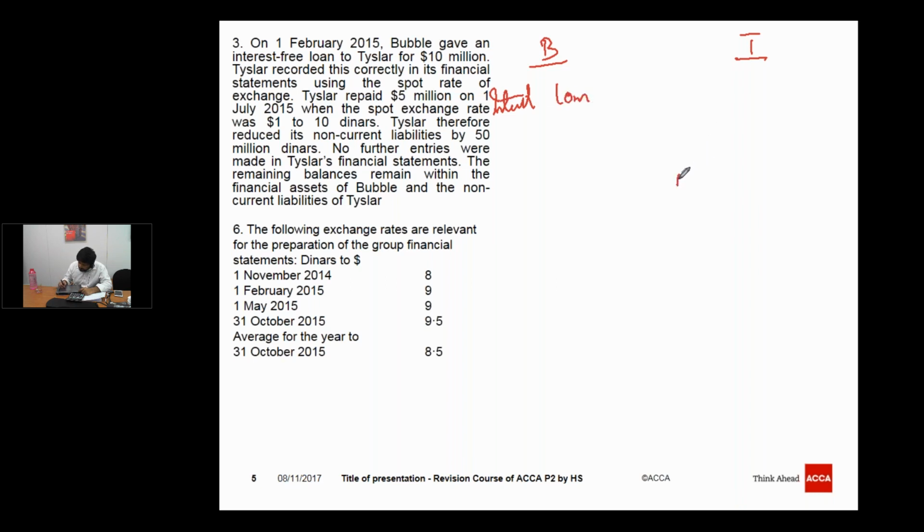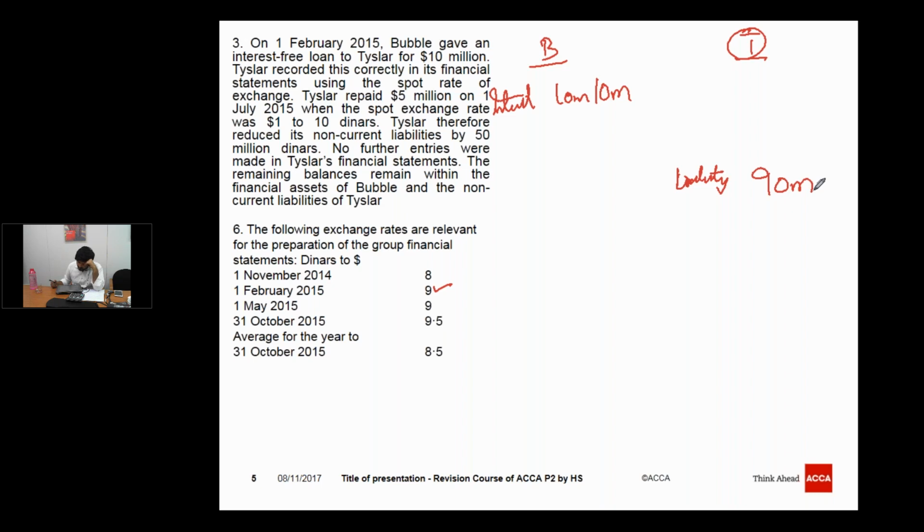But as you know, in the liability section of Tesla, it should be recorded in dinars. So the exchange rate on 1st February is 9. So by multiplying 10 million into 9, we actually got the loan of 90 million in dinars.